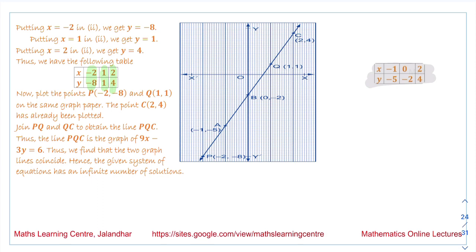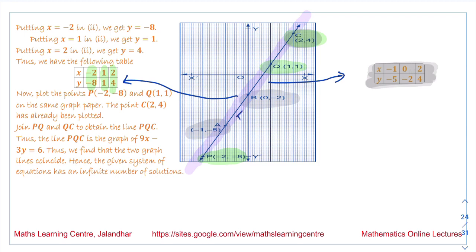When we plot all these points on the graph, we obtain the points corresponding to this equation: (-1, -5), then (0, -2), and then (2, 4). The next points we have are (-2, -8), then (1, 1), and last the point (2, 4) again. When we draw the line over here, we obtain this line. So this line corresponds to both these equations.